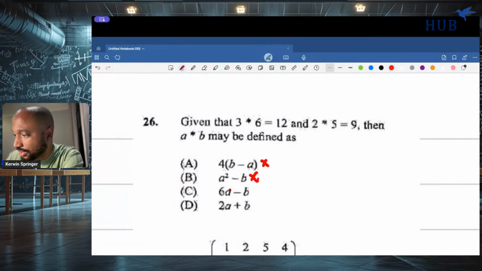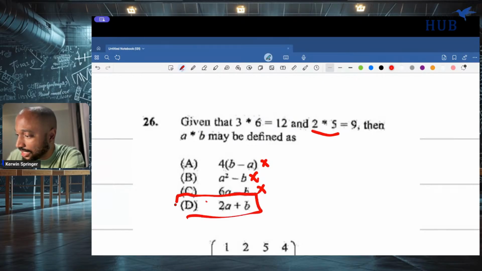Not this either. So yeah, this is clearly a plug in the answer one. 6A, 6 by 3 minus 6. 6 3s are 18 minus 6 is 12, yes. 6 2s are 12 minus 5. If I plug in this one, no. All right, choose the last man standing. The last man standing.